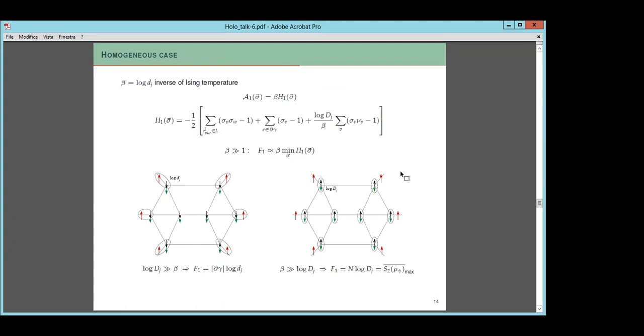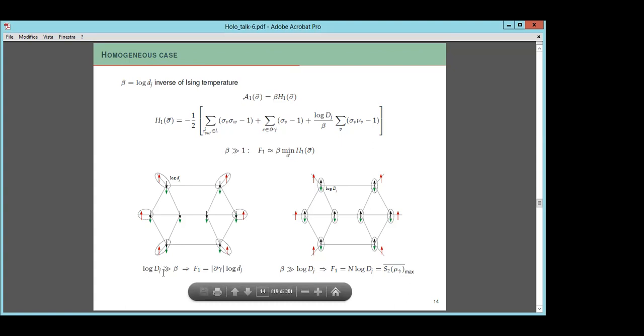Now in the homogeneous case, in which all spins on the graph take the same value, it is easy to see that the logarithm of the dimension of the spin plays the role of inverse of an Ising temperature. And so we have that the action can be written in this way with an Ising Hamiltonian. We can consider two extreme regimes.